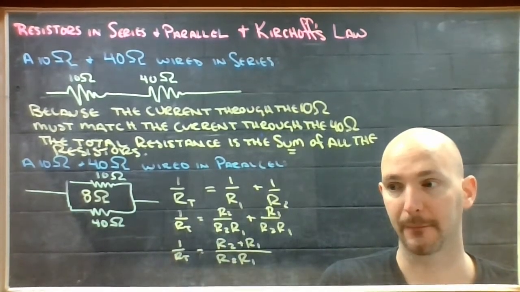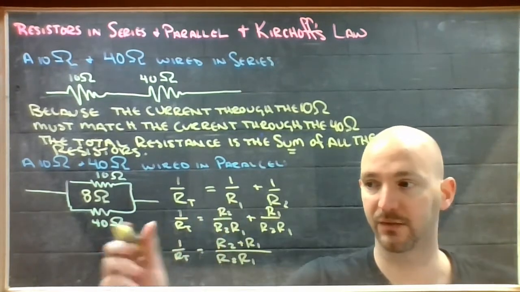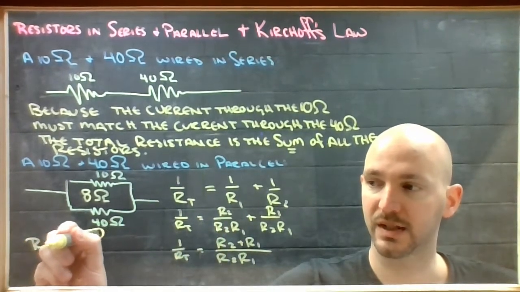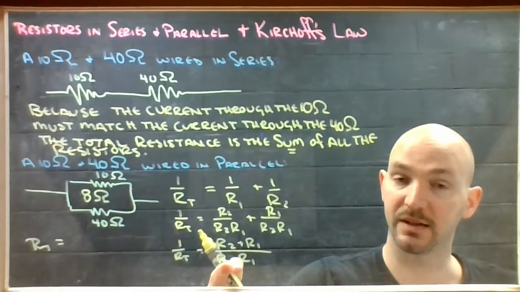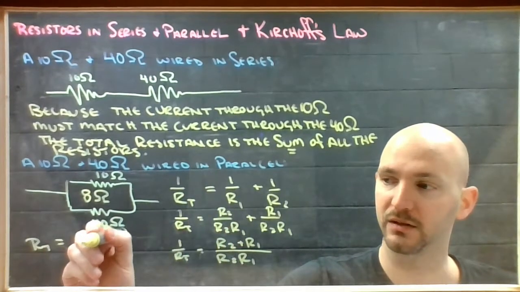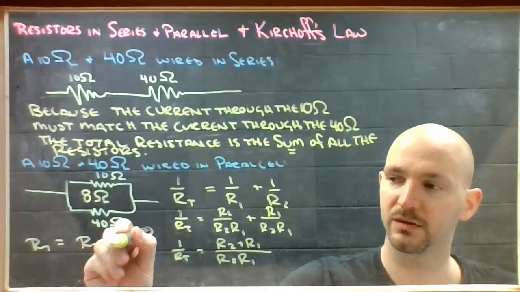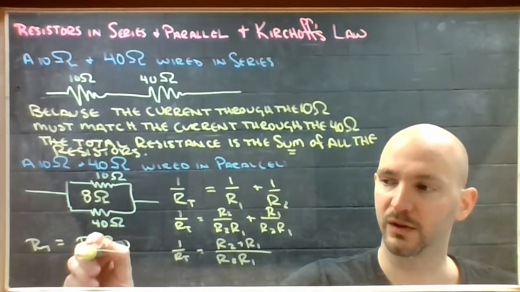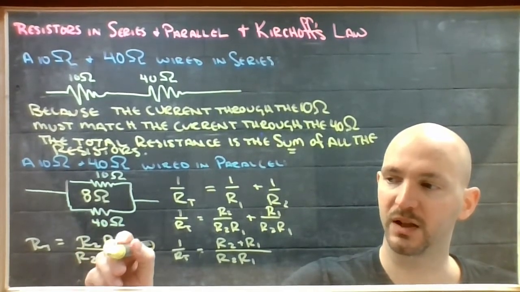Well, that's handy. And if I have to flip it, then the total resistance would be, instead of this in the denominator, it's now in the numerator, R2 R1 over R2 plus R1.